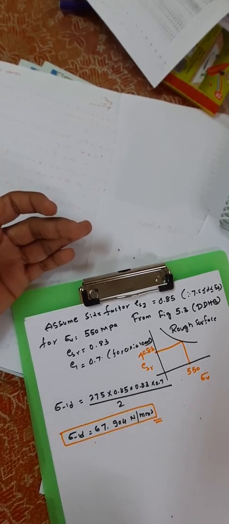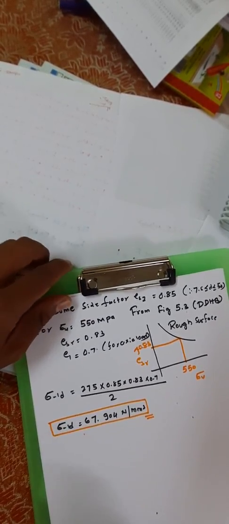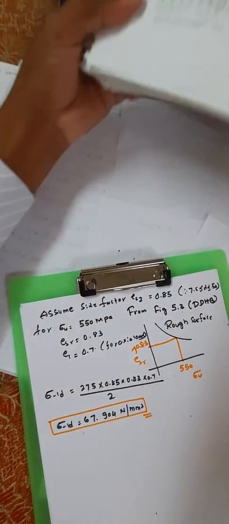Next, we need to find out the stress concentration factors. For that, given the equation, we need to find K sigma minus 1. We know the notch sensitivity. From the figure, using the D by d as well as the r by d ratio, we can find the stress concentration factor.